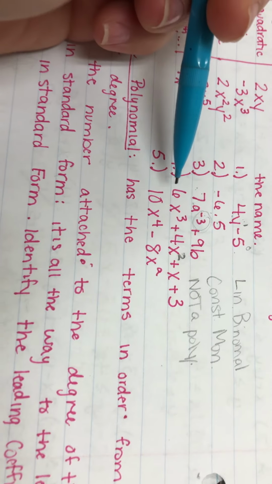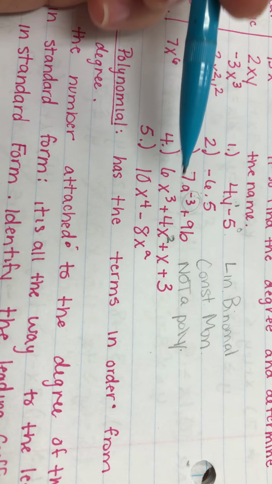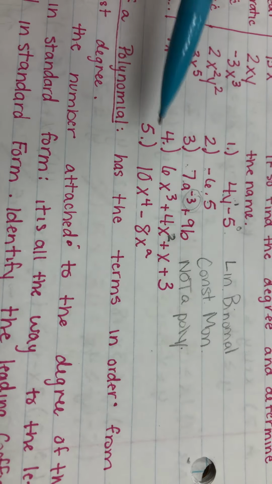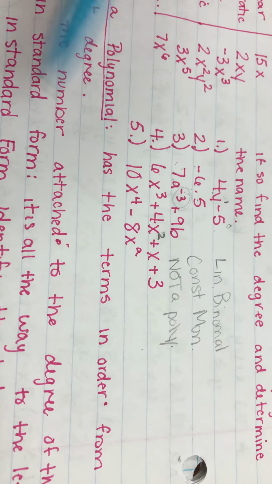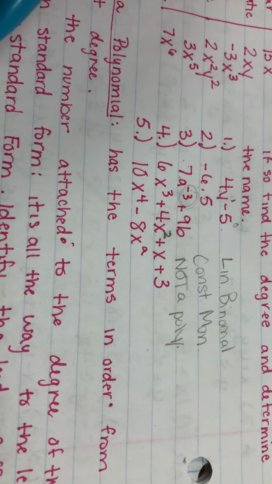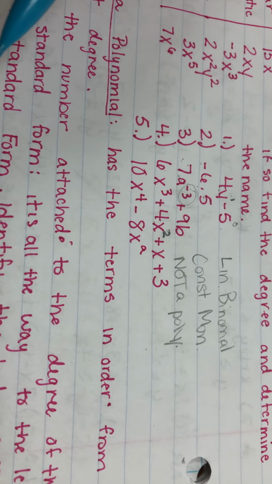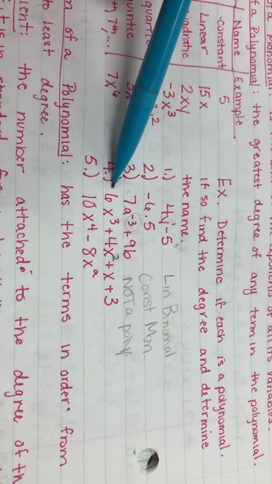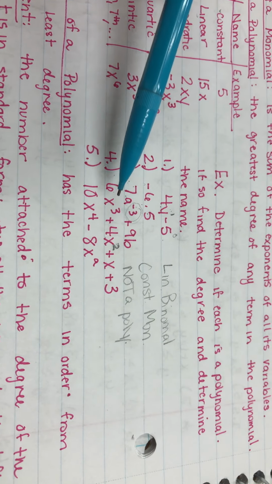So now we look at this one. 6x to the third plus 4x squared plus x plus 3. So is it a polynomial? Does it have anything we don't want? Negative exponents, variables in the power, square roots, any of that. Okay, it is a polynomial. Then look at the degree.